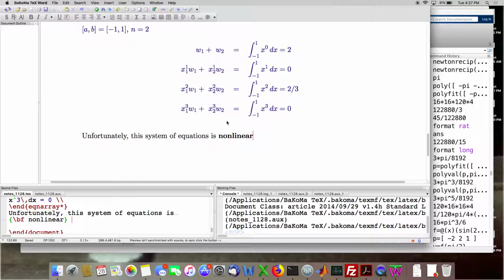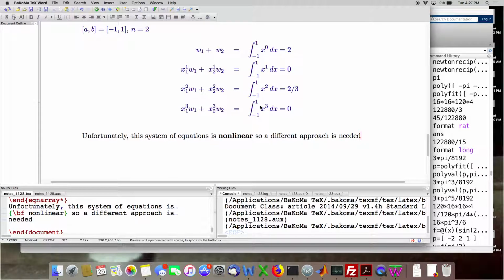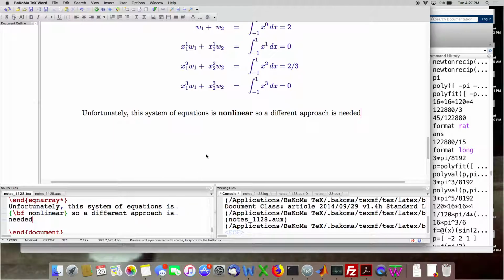Now, I think I might have given it as a homework problem. I don't recall if I assigned it, to actually work this out for the n equals 2 case. So that one's not so bad. But anything beyond that, no. So we're not going to do that. We need a different approach.